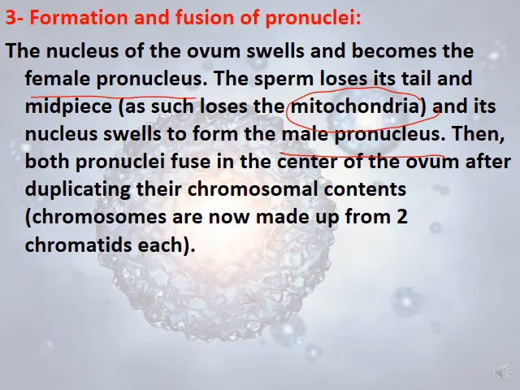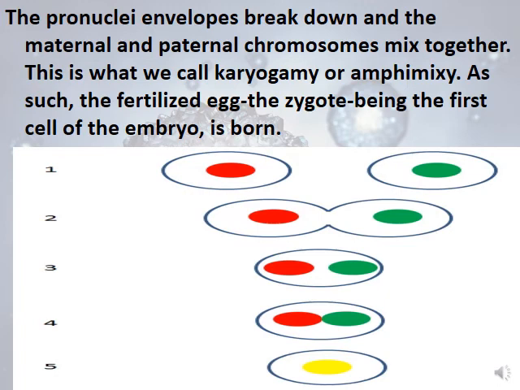These two, the male and the female pronucleus, fuse in the center of the ovum after duplicating their chromosomal content. Here the chromosomes, as a note, are made up of 2 chromatids each. So here the pronuclei envelopes break down, and the maternal and paternal chromosomes mix together.